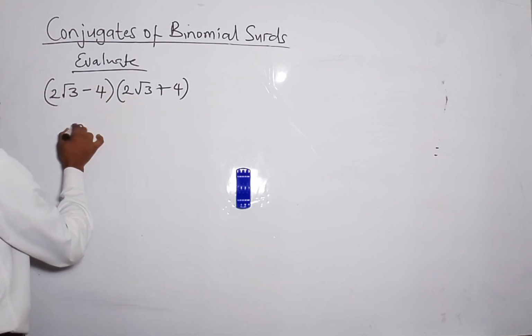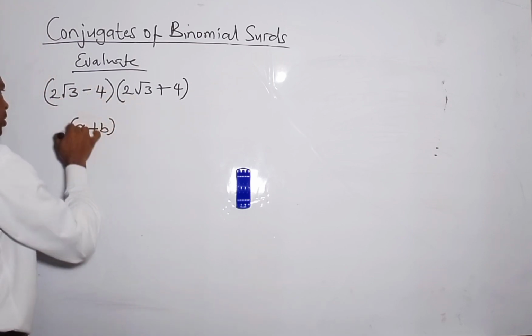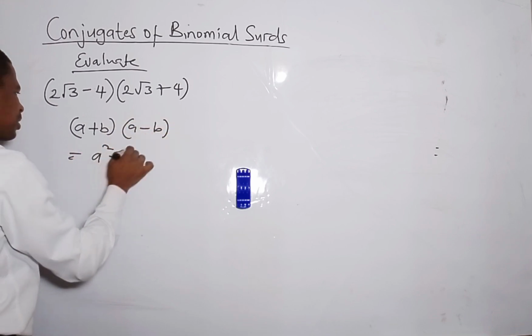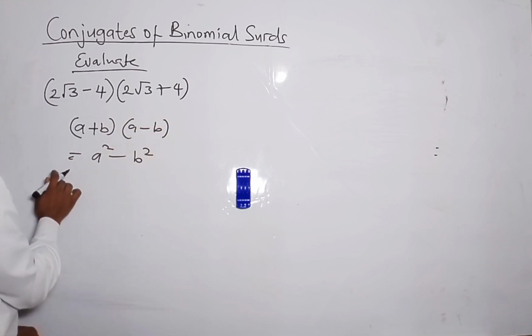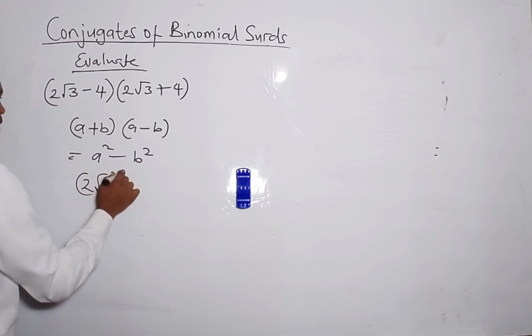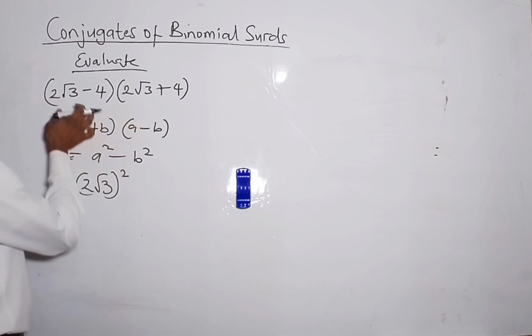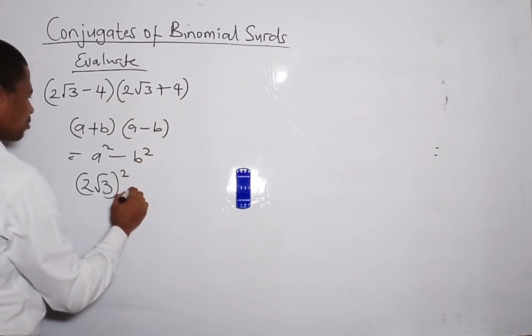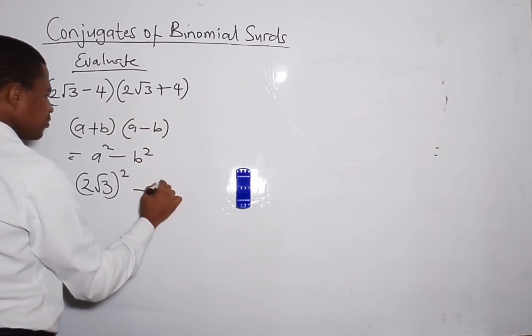What's the difference of two squares? If you have a plus b and then a minus b in brackets, the result will be a squared minus b squared. So what we will do is bring this 2 root 3 squared, this is the a, this is the b. The b will be 4 squared.